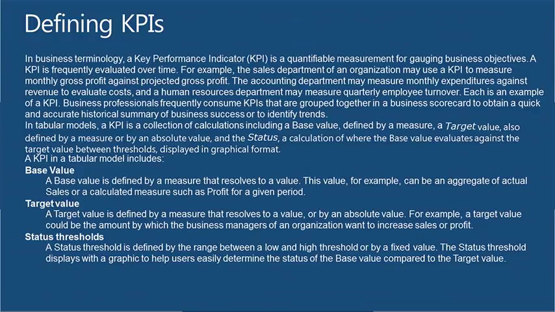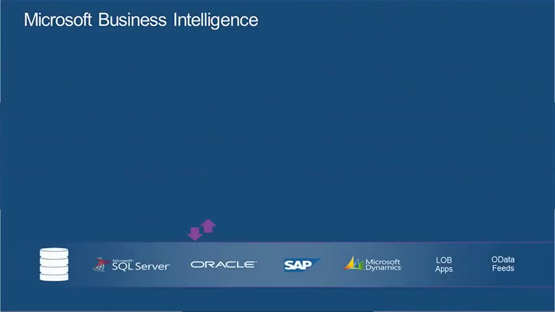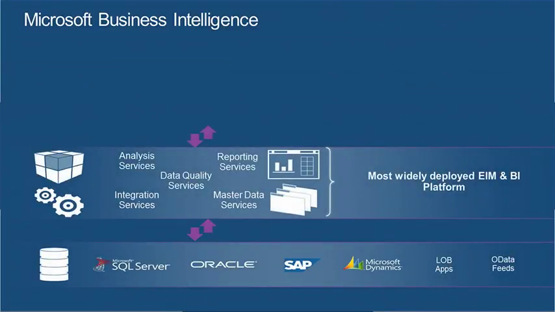Now, I'm going to take you through how to create KPIs and deliver KPIs in a meaningful way back to the business users. Before I do that, let's give some context of all the technology, because there's a lot of technology I'm going to show you today. Most of the stuff I'm showing you today is using SQL Server 2012, and essentially we're using Analysis Services, Reporting Services, Power View, and Power Pivot.